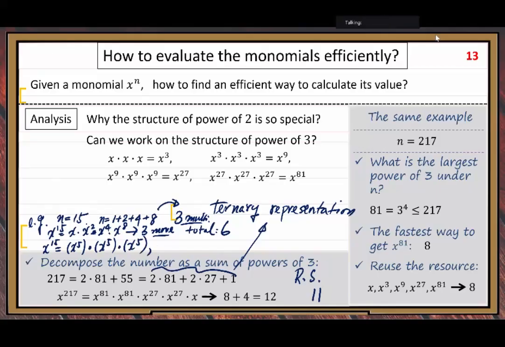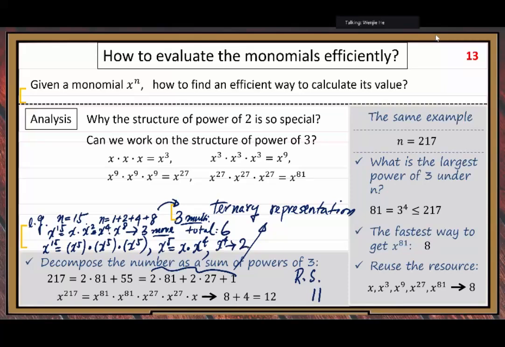The question: how many multiplications do we need to calculate x to the 5th? The fastest way to calculate x to the 5th. x to the 5th equals x times x to the 4th, right? One more multiplication than x to the 4th. How many multiplications do we need to calculate x to the 4th? 2, right? Repeated squaring.